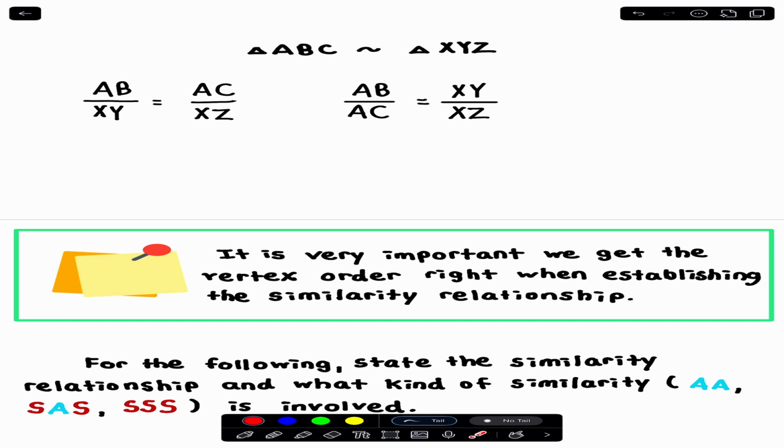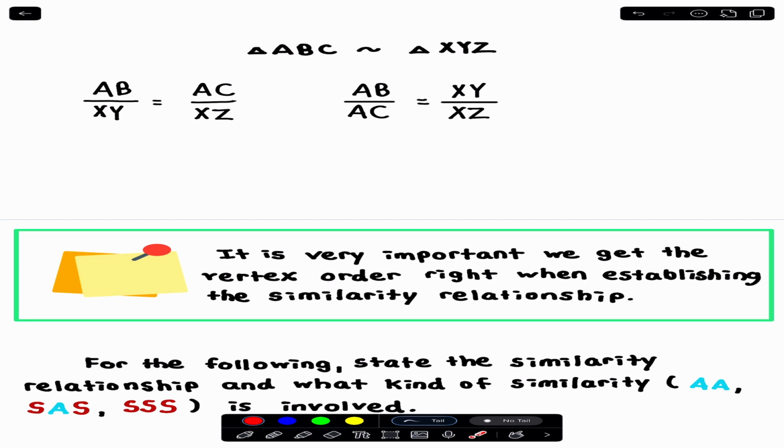So to get this first ratio, if we're just given these letters, I want you to start thinking in terms of groups. If we take these first two letters, AB, and we take these two letters, XY, then we get AB over XY.